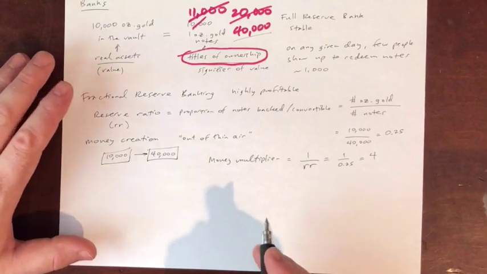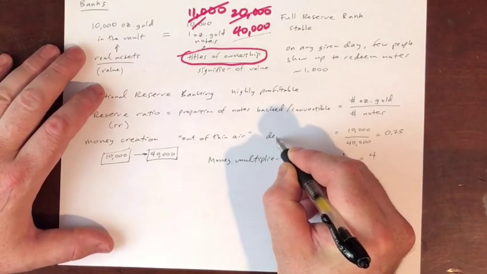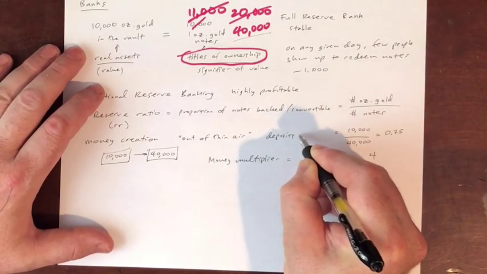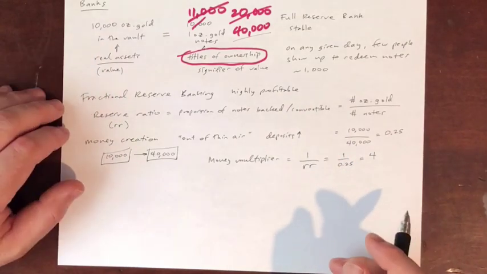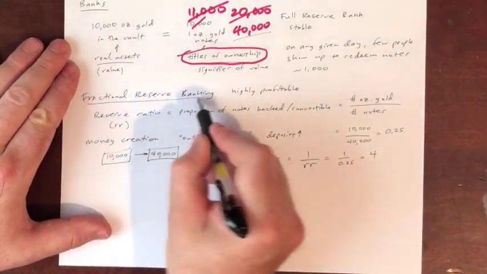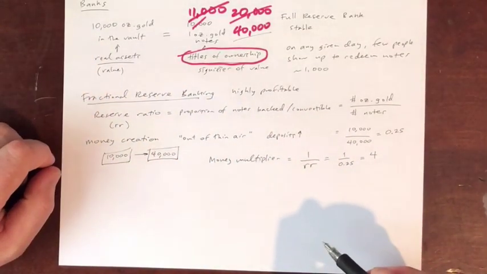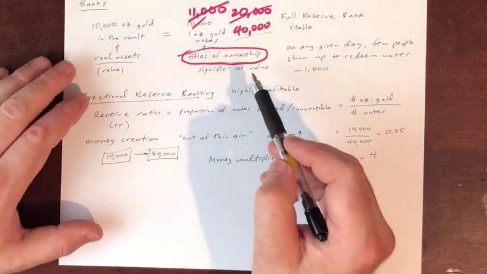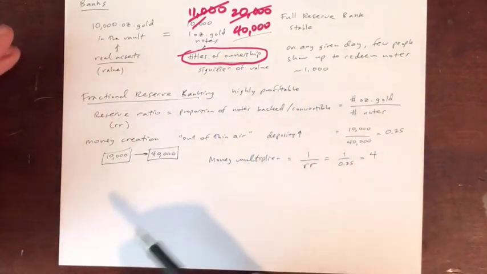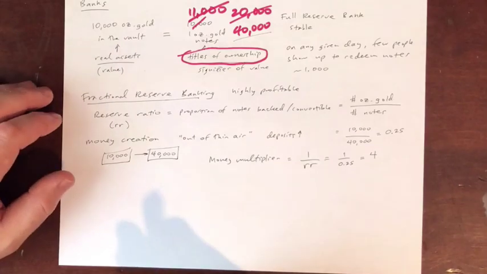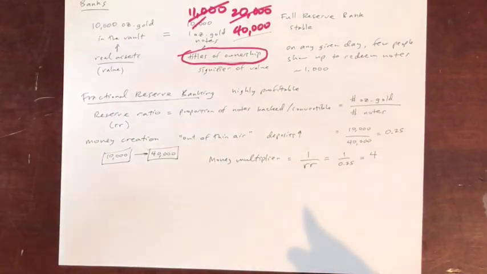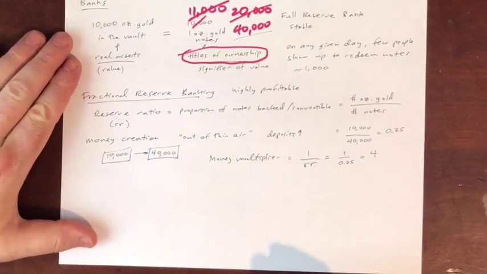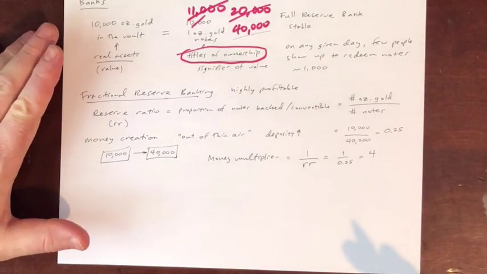Now, it happens as the deposits to banks grow, and it happens because there's a fractional reserve banking system, because there are notes that are unbacked. Of course, this entire thing can happen in the opposite direction just as easily.